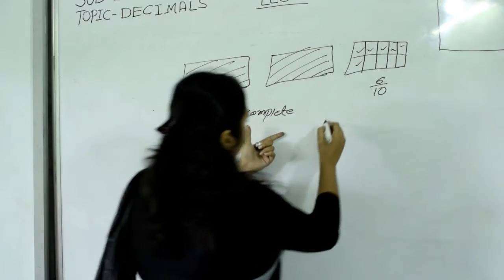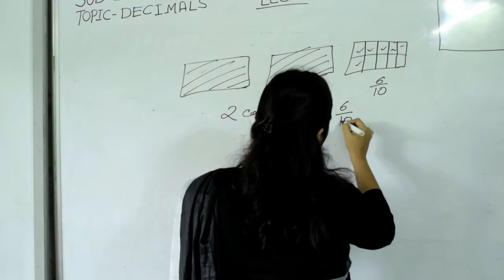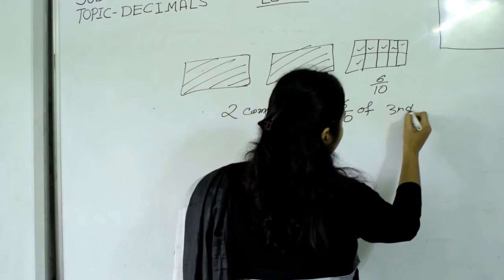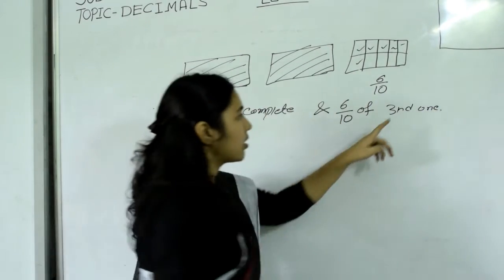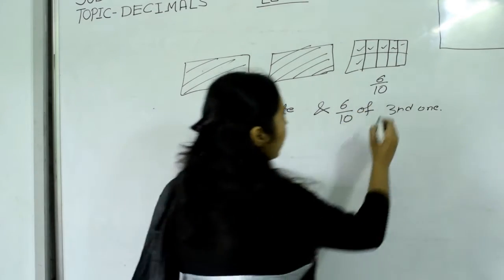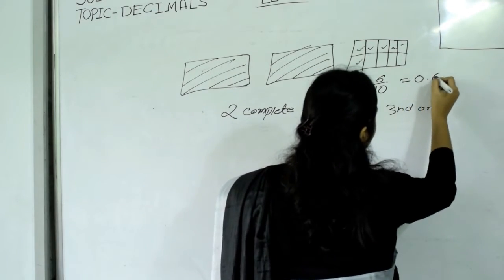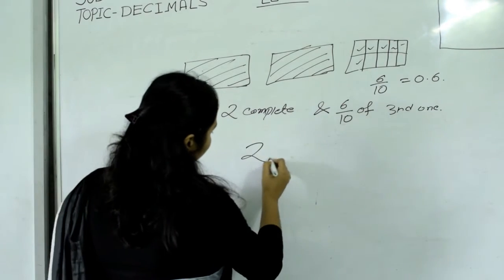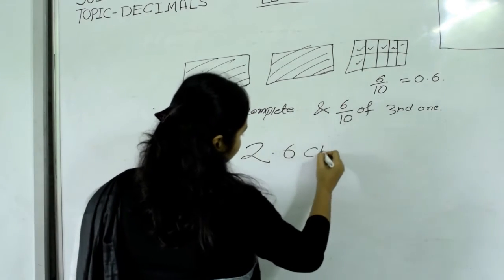Now we can write 6 by 10 as 0.6, right? So now you have 2.6 chocolate.